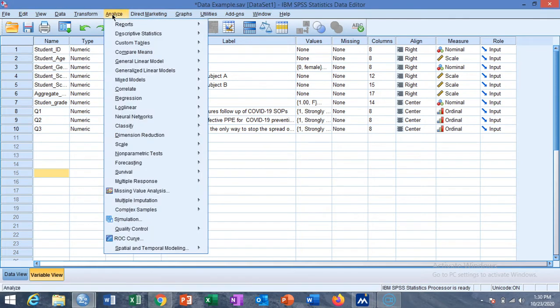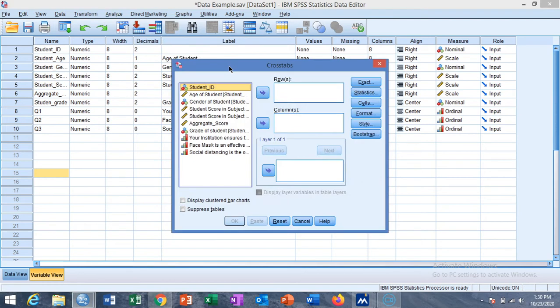For this purpose, we go to analysis, descriptive statistics, and then cross tabulation. One variable is gender of the student, and the next is the question that your institution ensures follow-up of COVID-19 SOPs.